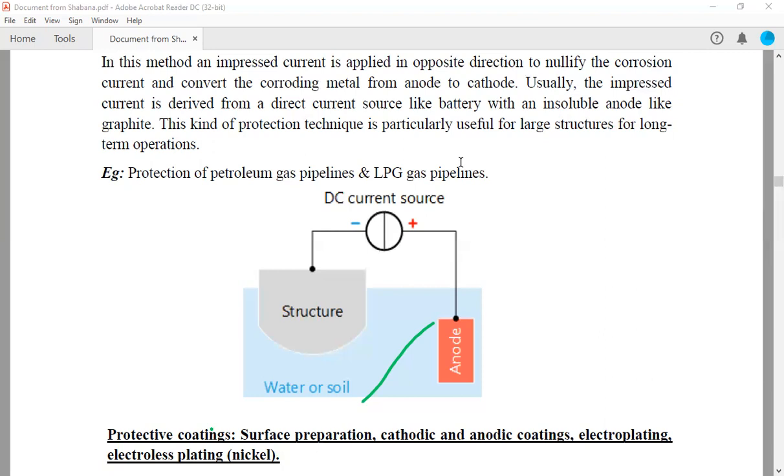Otherwise, problems related to cathodic reactions like evolution of hydrogen or formation and accumulation of hydroxyl ions will take place. In spite of these disadvantages, cathodic protection has been widely used with success when suitable precautions are taken.